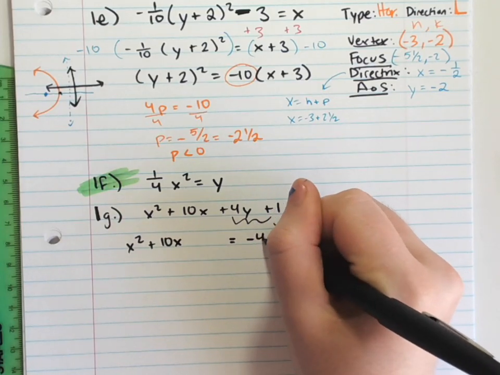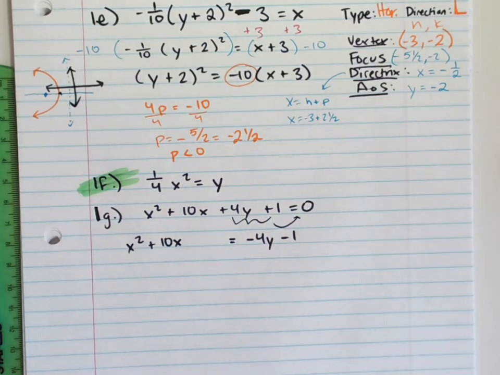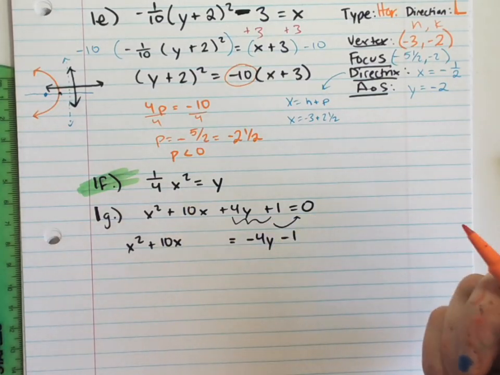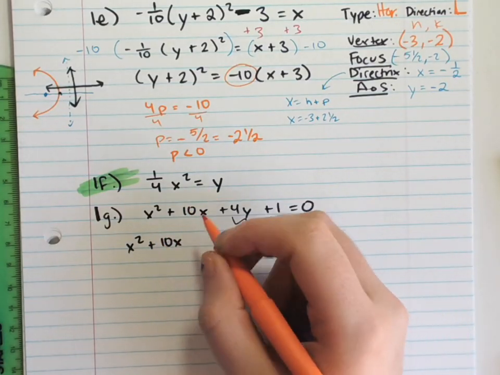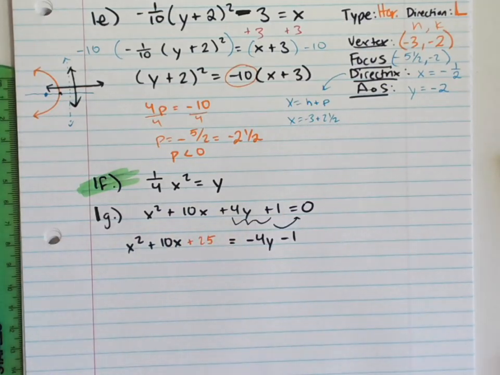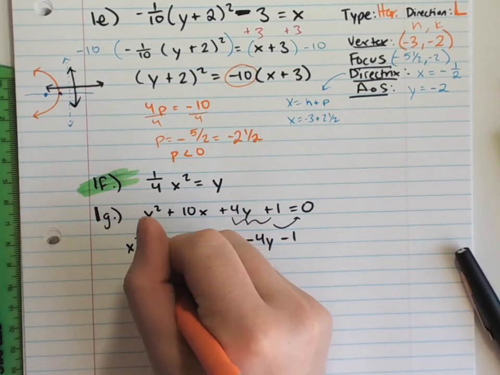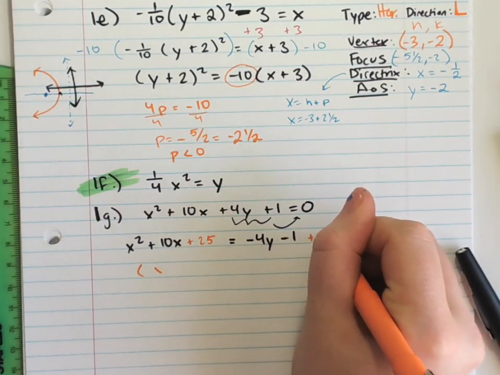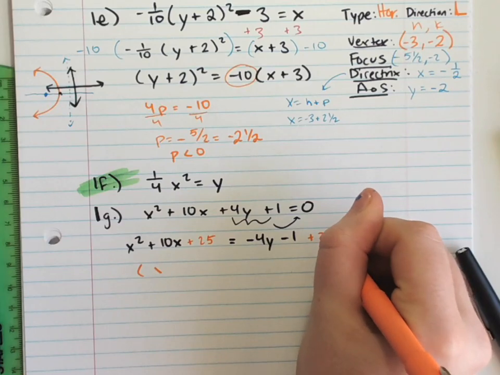This is negative 4y minus 1. So completing the square, this becomes plus 25. We've done this enough to know how to complete the square. And oh, don't forget to add 25 on this side too.